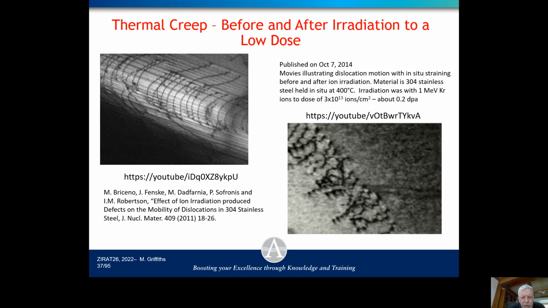And this is what happens once you irradiate it and then pull it again. It just shows the hardening effect, basically the radiation damage, which is invisible here. It's so small, but it basically impedes the motion of the dislocations. This has implications both for the strength, but also for the creep of the material.